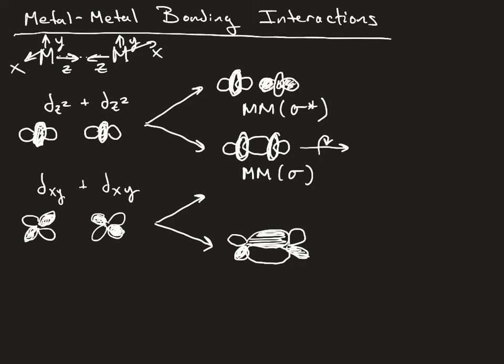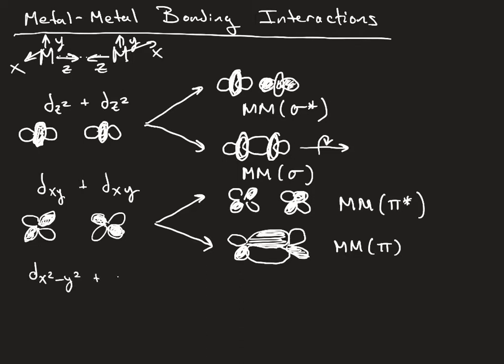The bonding combination looks like this. The anti-bonding combination looks like this. We would refer to the bonding combination as a metal-metal pi bond, and the anti-bonding combination as the metal-metal pi star.